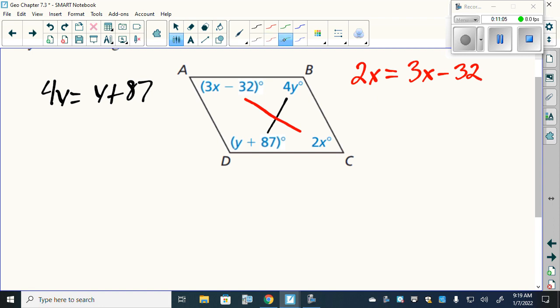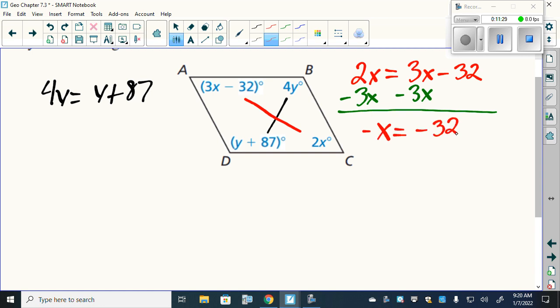Which one do we want to solve for first? Y or x? X. We can do either one. We'll have to do both. So if we solve for x, what do we need to do first? Subtract 3x from both sides. Yes? 2x minus 3x is negative 1x, which is equal to negative 32.